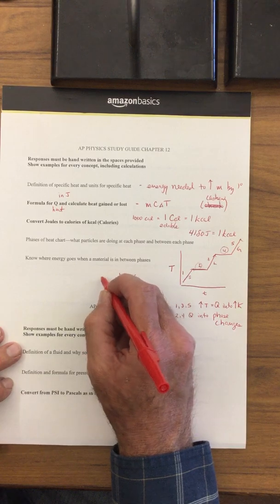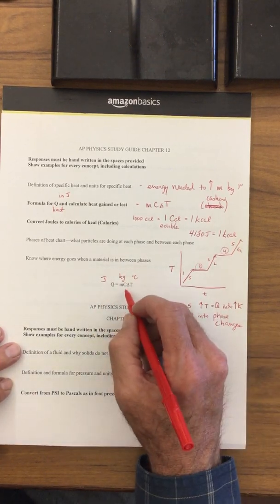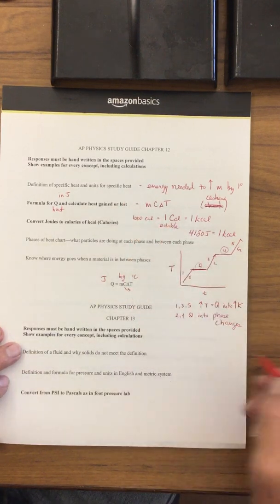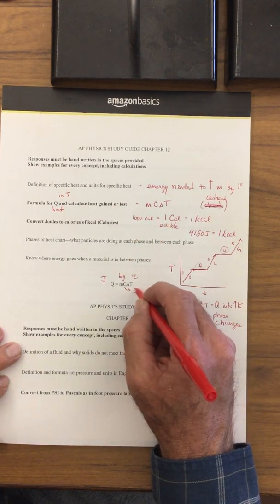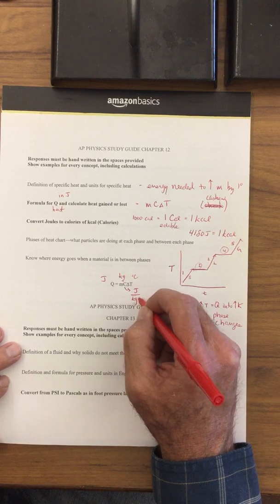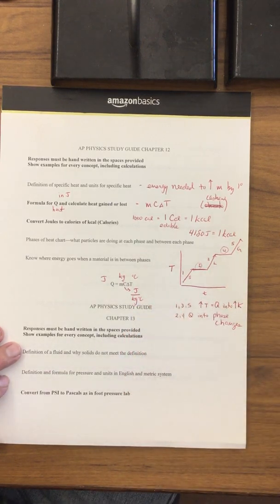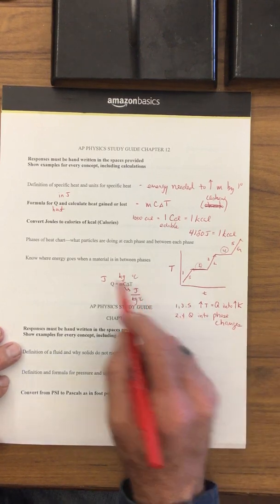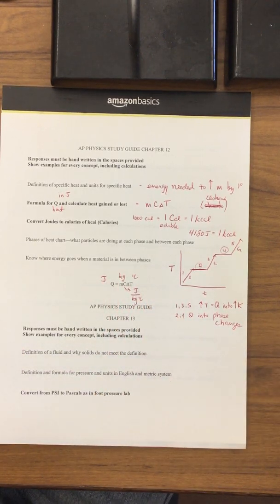Well, if we want to end up with heat that's in joules, that means the units for specific heat that we talked about up here are going to be joules over kilogram degrees Celsius, or degree Kelvin. What's going to happen is the kilograms will cancel, the Celsius will cancel, we'll be left with our units in joules. So that's the first part, and that's looking at the heat.